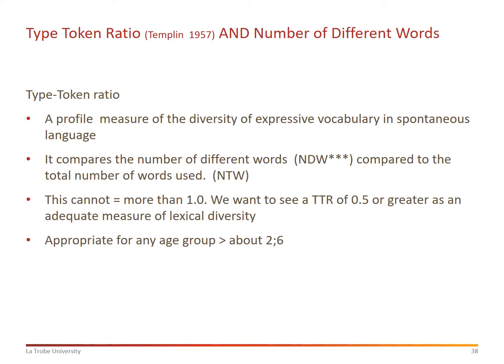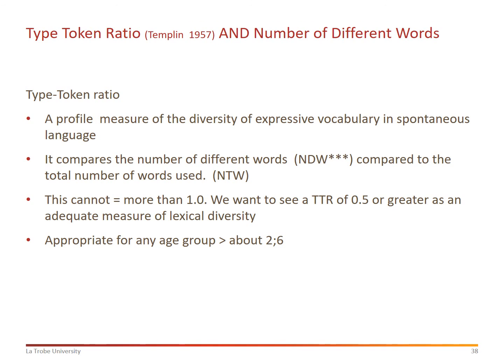Type token ratio itself compares the number of different words, or NDW, compared to the number of total words. So by definition, it can't be more than 1 because you can't have more different words in a language sample than total words. So we just want to see a TTR of 0.5 or greater as an indicator that lexical diversity, or put it another way, that the range of different words that anyone is using is sufficiently diverse.